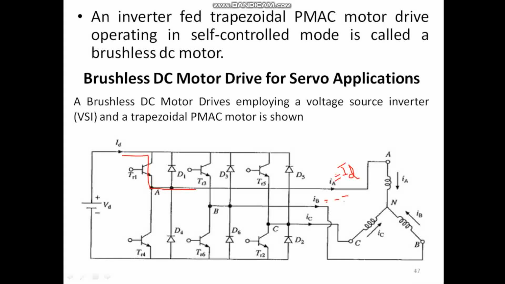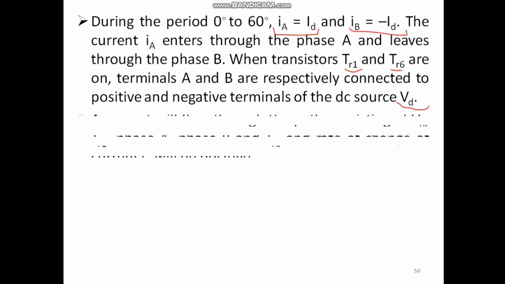It means my current is entering through phase A and leaving through phase B. When transistors TR1 and TR6 are on, TR1 is connected to phase A and TR6 is connected to phase B, respectively connected to the positive terminal of VD and the negative terminal of VD. I hope it is clear.